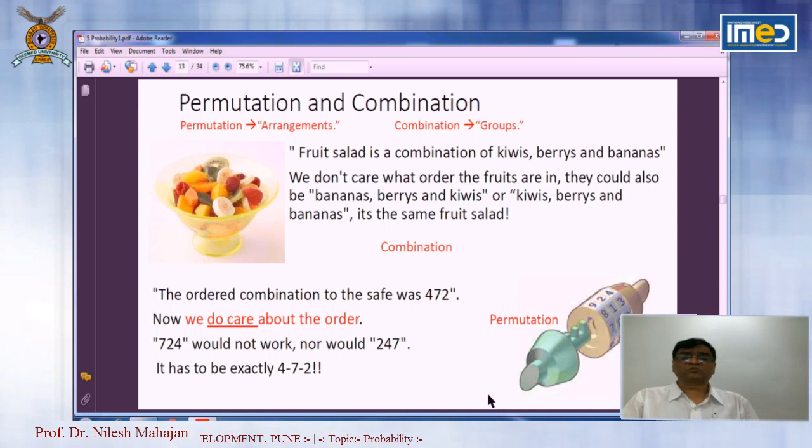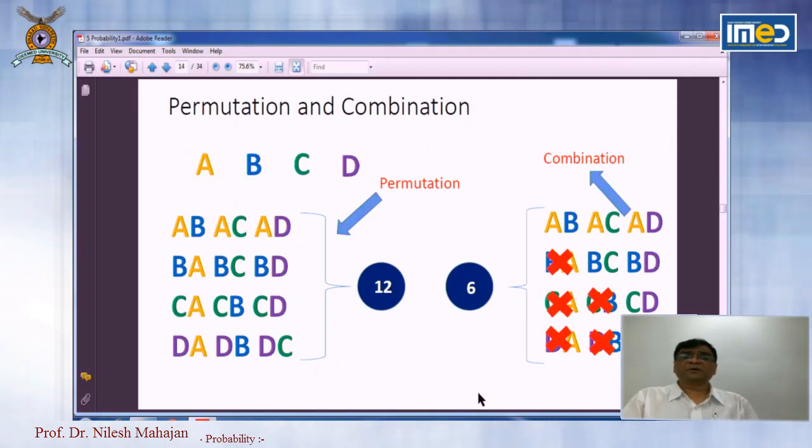It has to be exactly 472. This is the permutation. You also check according to this ABCD example. The permutations are AB, BA, AC, AD and so on, and the combinations are AB, AC, AD. So you check, permutations are 12 and combinations are 6.